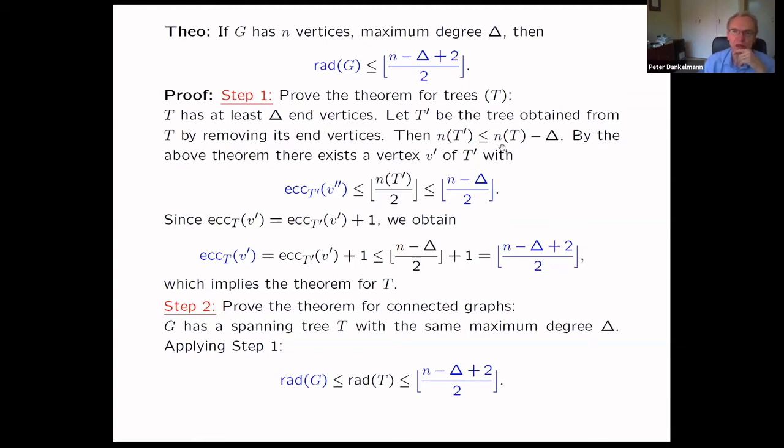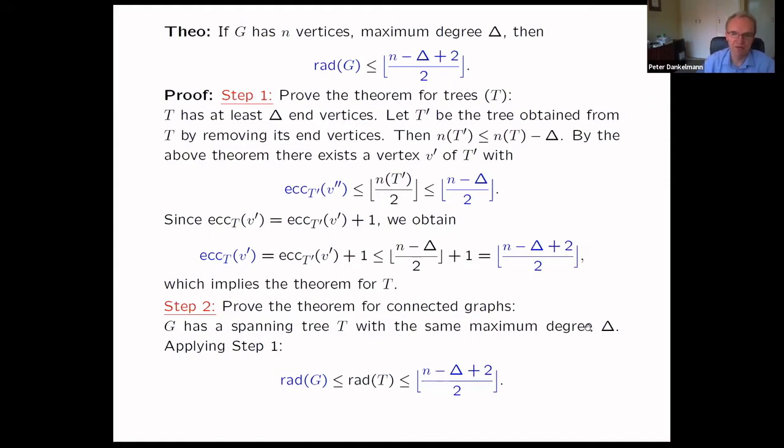T prime has at most n minus delta vertices. Then T prime must contain a vertex whose eccentricity is at most (n minus delta) over 2. And this very vertex, if we look at that in T, its eccentricity is one bigger, and that's at most (n minus delta plus 2) over 2. And that gives us our theorem for T.